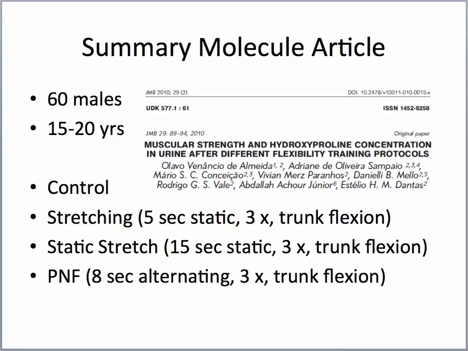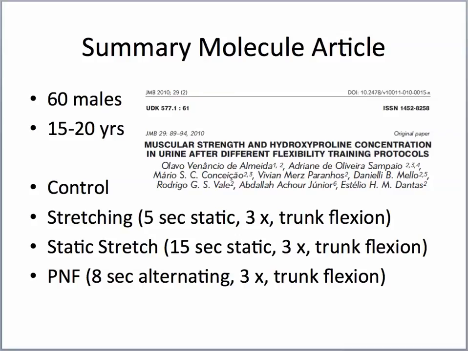So there was a control group that didn't do anything. There was a group that they called stretching, and basically what they had them do was trunk flexion for 5 seconds at a time, and they did 3 repetitions of this.